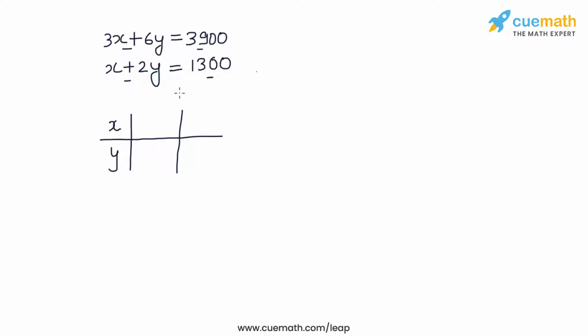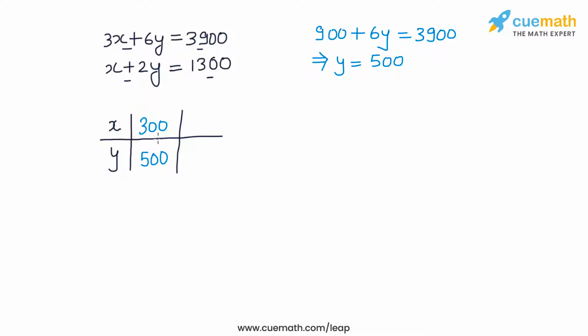If I take x equal to 300 and substitute in the first equation, I get 3x or 900 plus 6y equal to 3900, and this gives 6y equal to 3000 or y equal to 500. So 300 comma 500 will be one solution of this first equation.